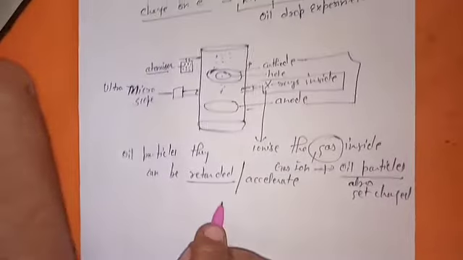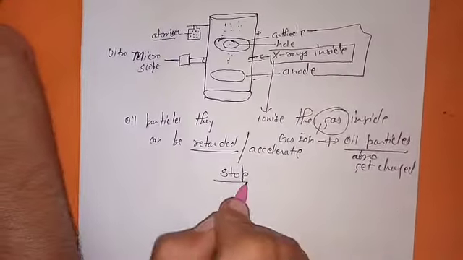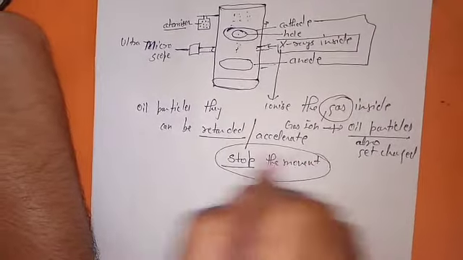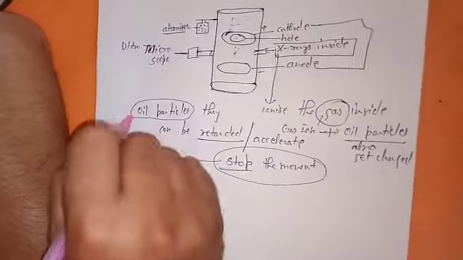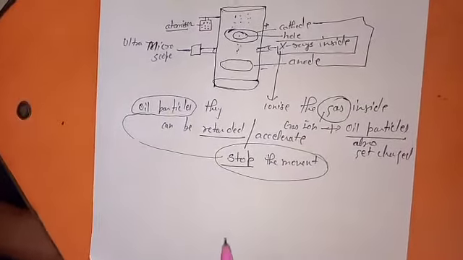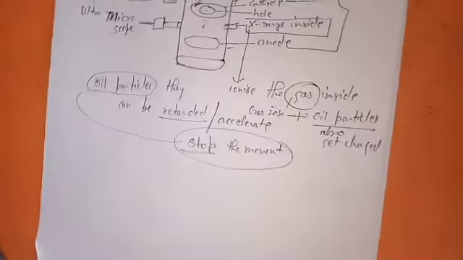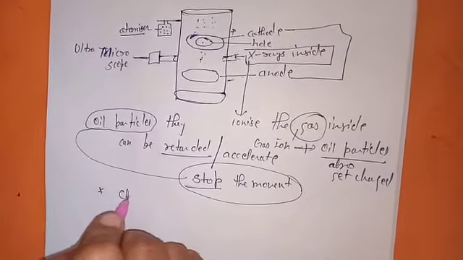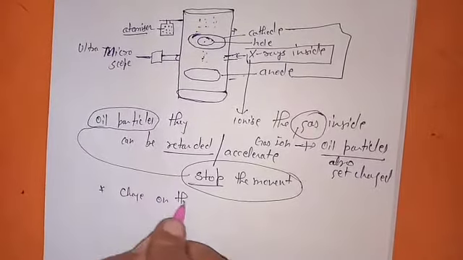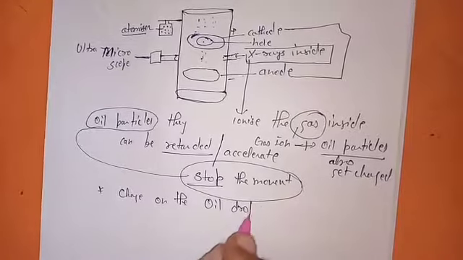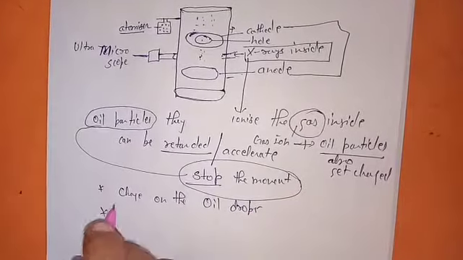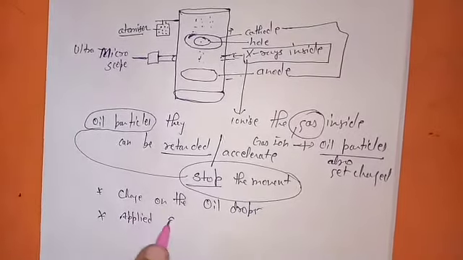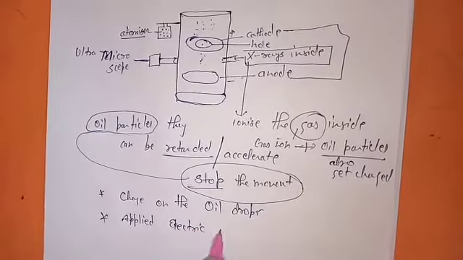And one more thing you can do: you can stop the movement of the oil particles. To stop the movement, on what does it depend? First, the charge on the oil drops. Second, the applied electric and magnetic field.